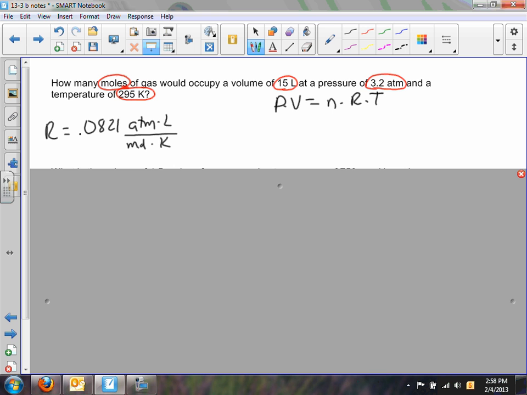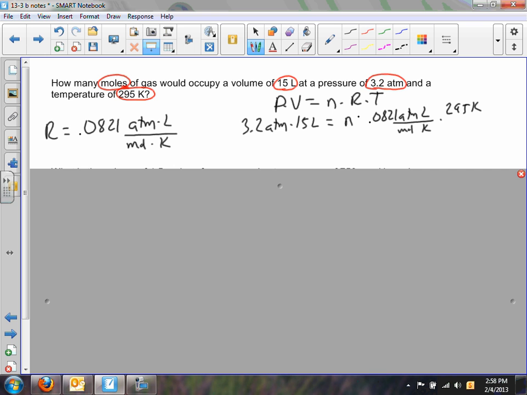Pressure here looks like it's 3.2 atmospheres. Our volume is 15 liters. That equals the moles, which I don't know, times 0.0821 atmosphere liters per mole Kelvin times my temperature of 295 Kelvin.